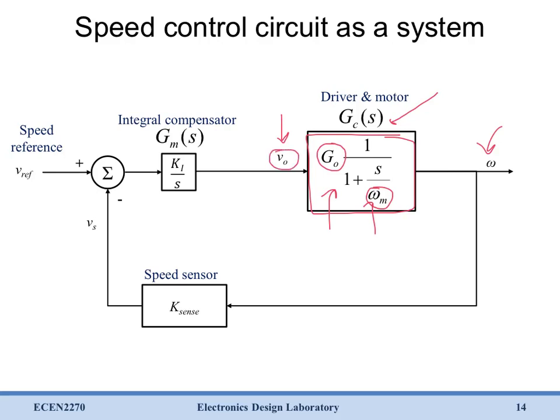So for any VO, we just do VO times GC of S equals our omega. And that's going to model our motor driver and our motor. And this was derived based off of our motor equations. There's some extra materials up on the lab website which will show you exactly how this was derived if you're curious. Now at this point we're in a good place to try attempting to write the equations relating Vref to omega. So let's try and do that now.